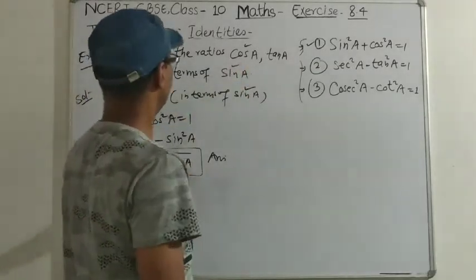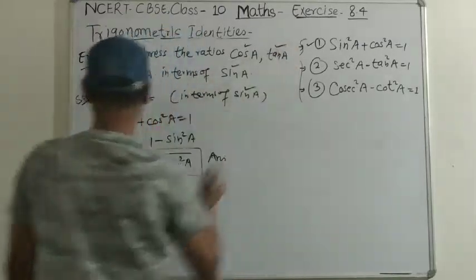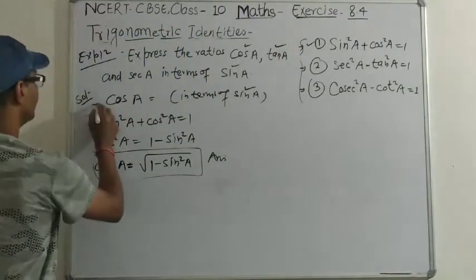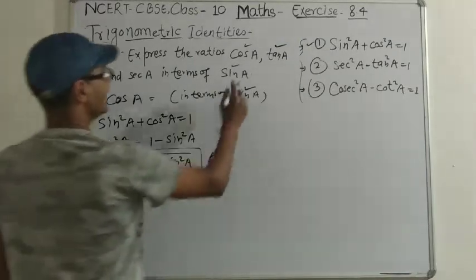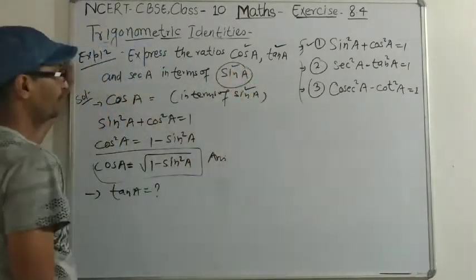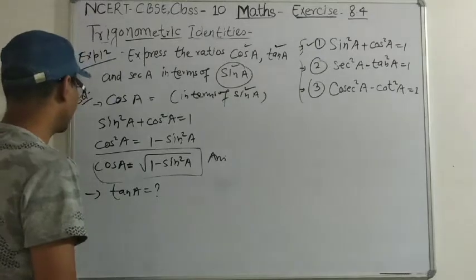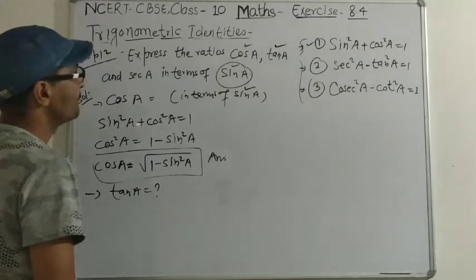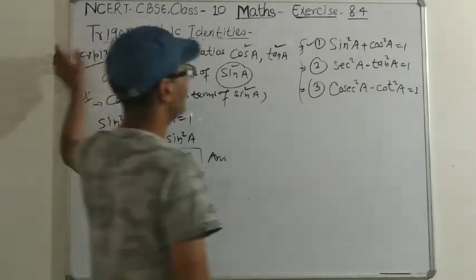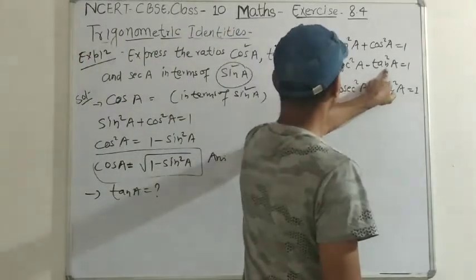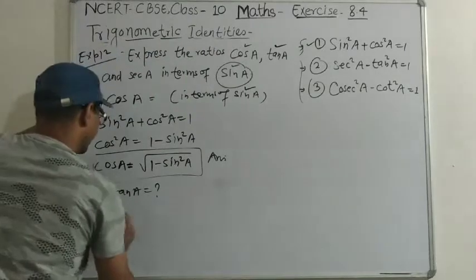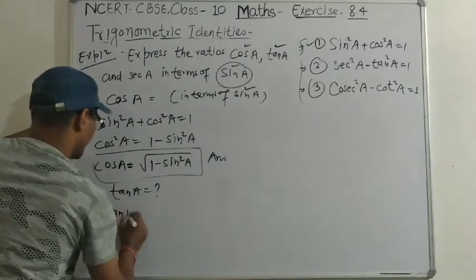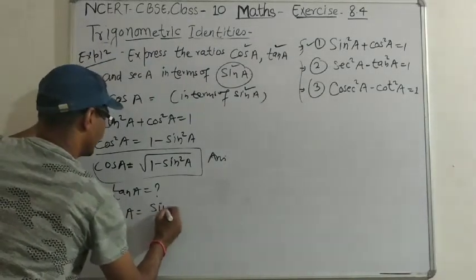Similarly tan a. Next is to solve tan a also, and we need it in terms of sin a. So for the tan a formula, we could use sec, cosec square, cot square, but we know this thing: tan a equal to sin a by cos a.